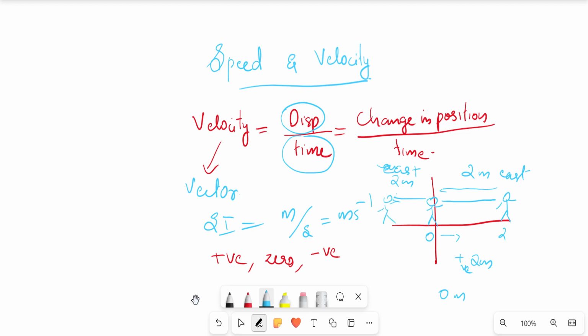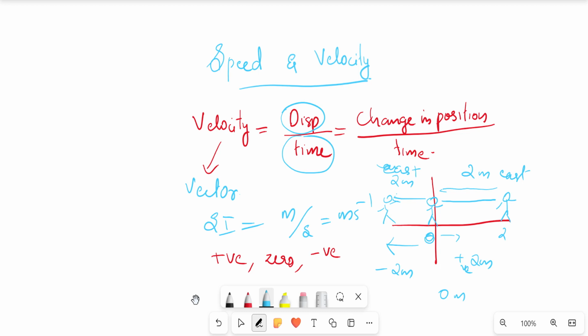Now what is the position change? Position change only depends on the initial and final position. And now from the origin to this particular point, the value is 2 meters again, but the direction is in the negative direction, so negative 2 meters. Here you can see the displacements are positive 2, 0, and minus 2 meters.